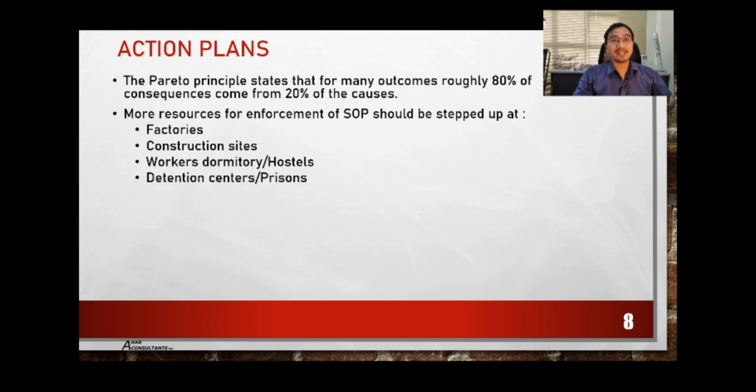Firstly, there is the need to step up the enforcement of the SOP at factories, construction sites, workers' hostel, and prison. More resources should be deployed to these premises in order to check the compliance to the SOP. Do not be afraid to penalize the employees and employers which do not abide with the SOP, as it will cause more harm than good.